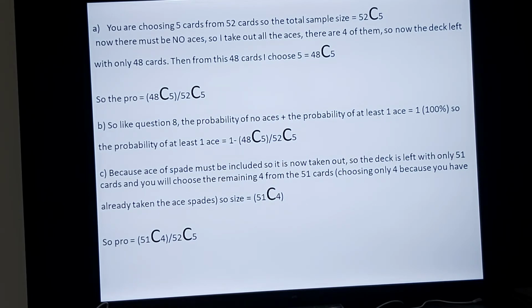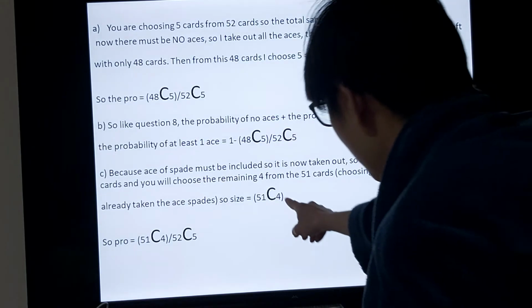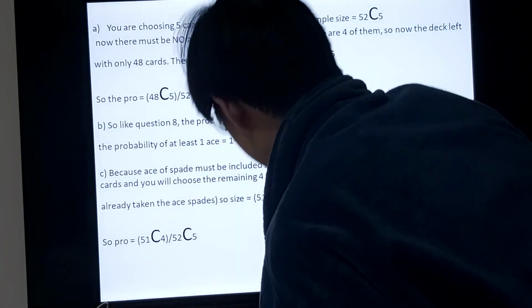The deck is left with only 51 cards, and you choose the remaining 4 from these 51. So the size will be 51C4. So the probability is this value over the total sample size.